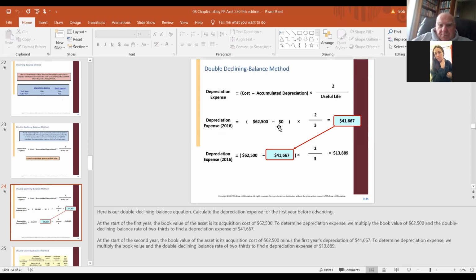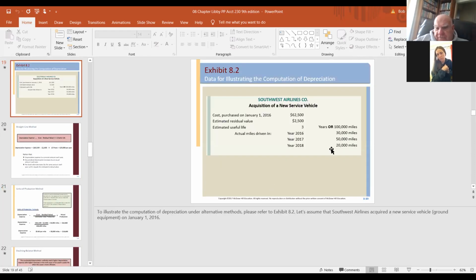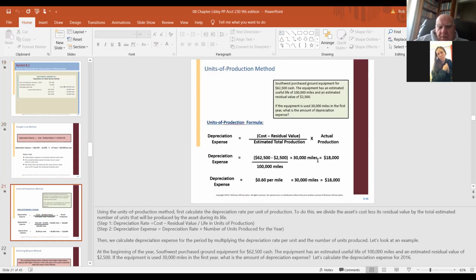Oh, that's double declining. I'm sorry. Gee, I don't like the way they laid this out, but anyway, 60 cents a mile. How many miles did they drive the first year? Well, they told you that. They told you it was 30, 50, and 100. So once this machine or vehicle gets up to 100,000 miles, it's fully depreciated.